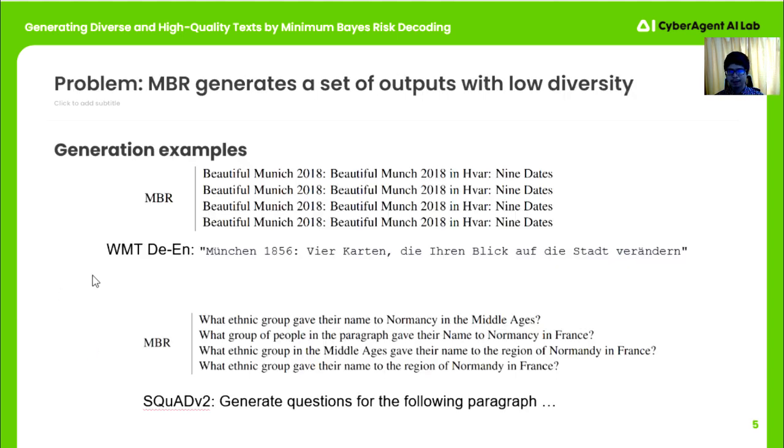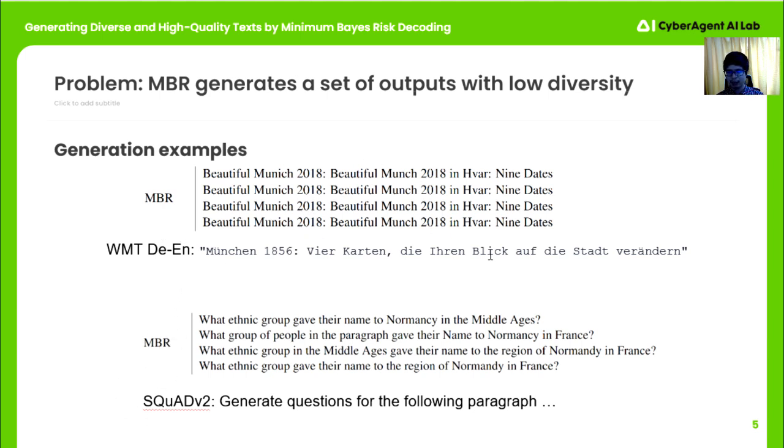However, the problem of MBR is that it generates a set of outputs with very low diversity, or even identical. So here are some generation examples in machine translation and in question generation.